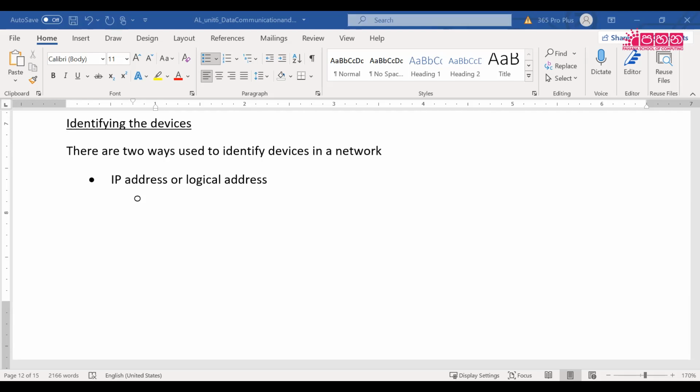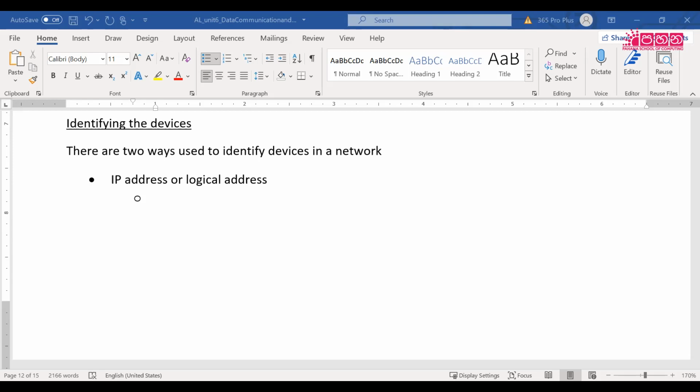Especially in a wide area network, when you're connecting to the internet, IP addresses are used, and this is called the logical address. Logical means it's not a permanent one.